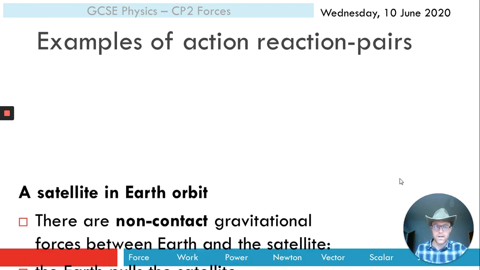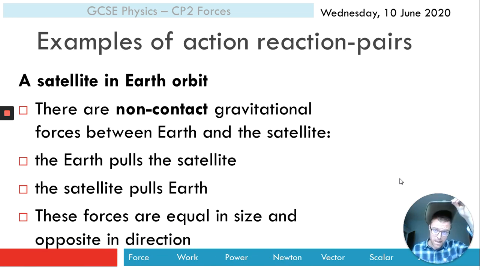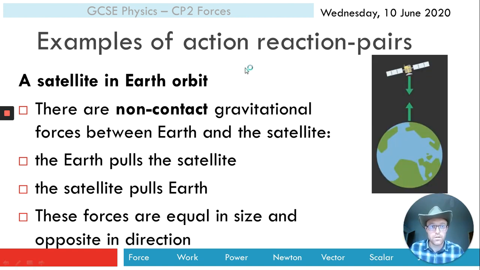One more example of an action-reaction pair. A satellite in Earth orbit. There are non-contact gravitational forces between the Earth and the satellite. The Earth pulls on the satellite. The satellite pulls back on the Earth. These forces are equal in size and opposite in direction.